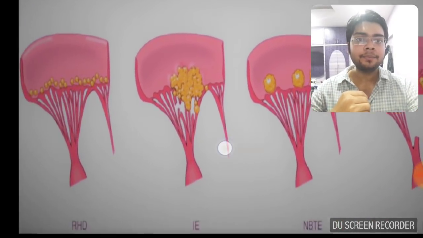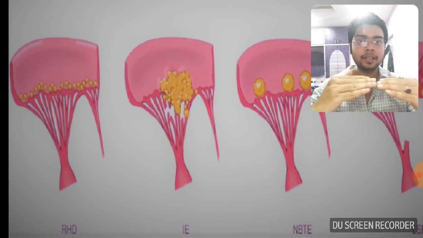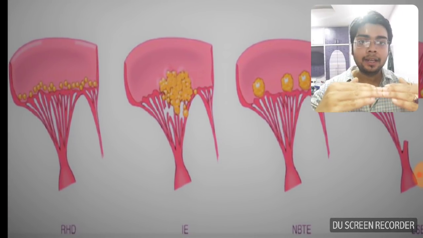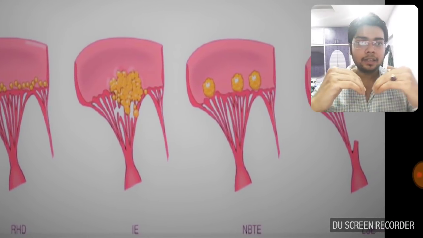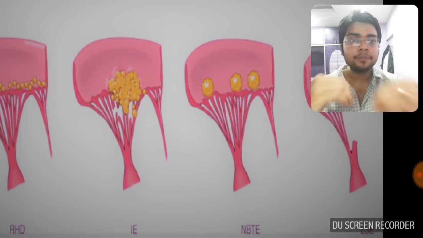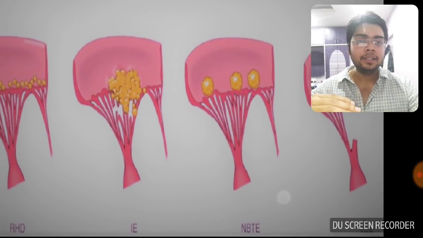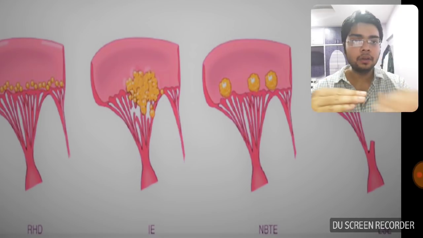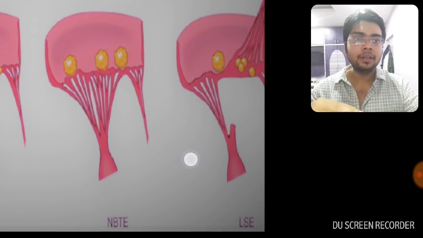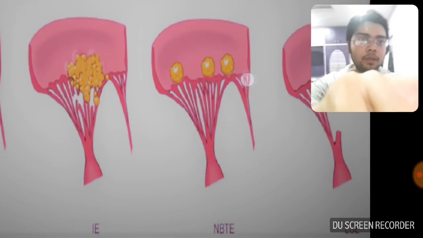So the first diagram is of rheumatic heart disease. They are lying along the line of closure of the valve. In case of infective endocarditis, they have gone into the chordae tendineae. In case of NBTE, they are on the upper surface of the valve. And in case of Libman-Sacks endocarditis, they are lying below the valve.